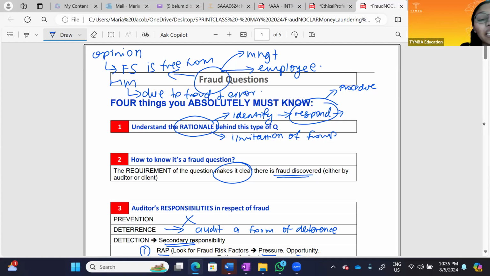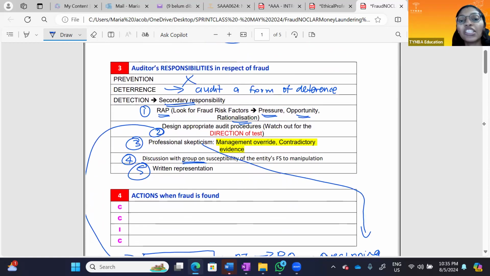So you are giving reasonable assurance that it is free from material misstatement due to fraud and error. Obviously, in your process you have to obtain that level of assurance, and to obtain that assurance you have to perform all the items mentioned here.